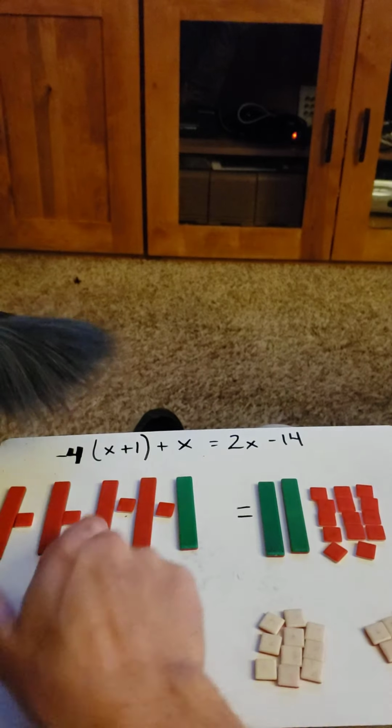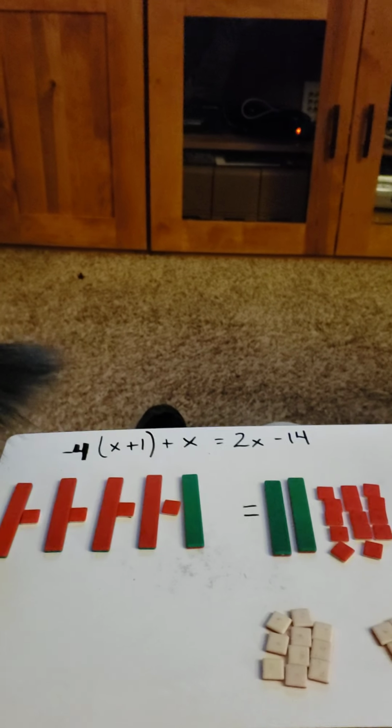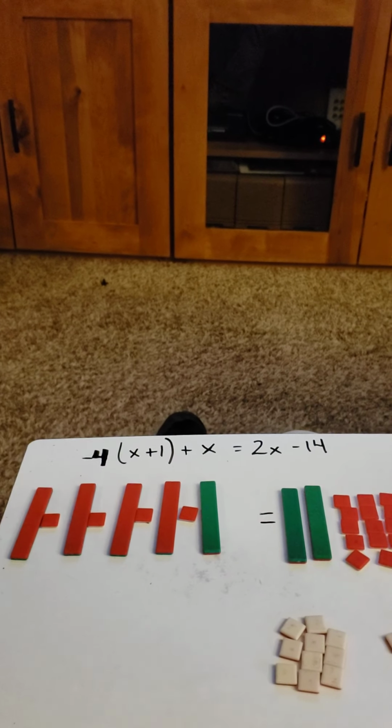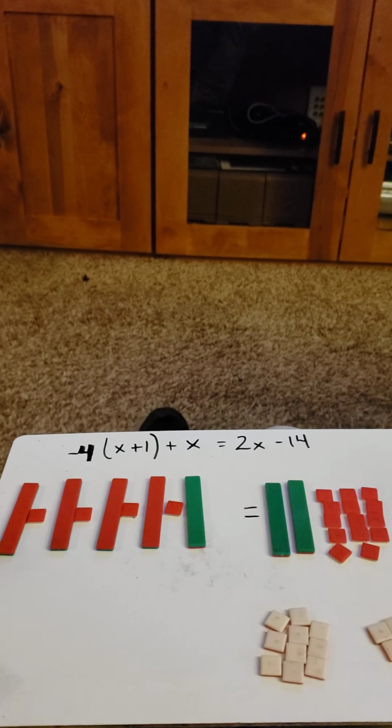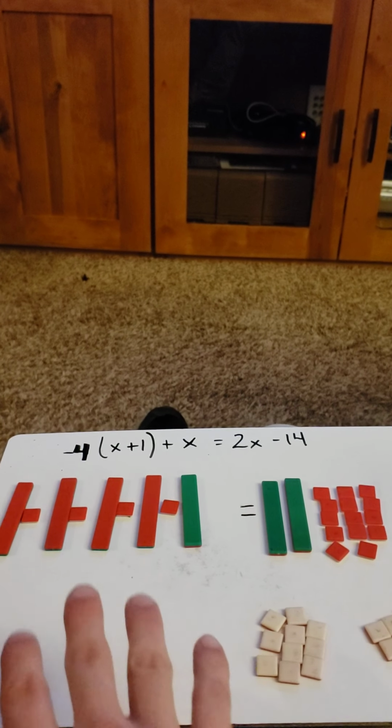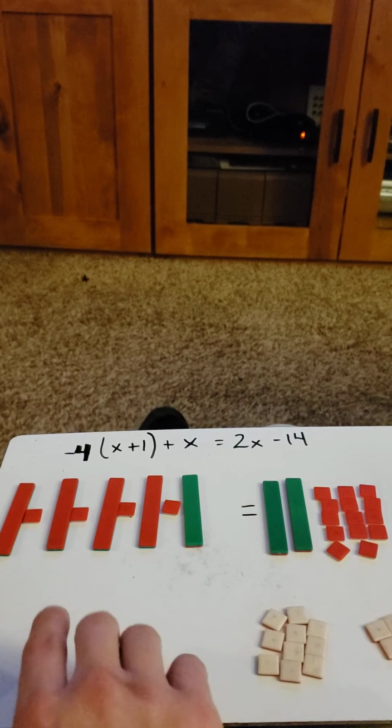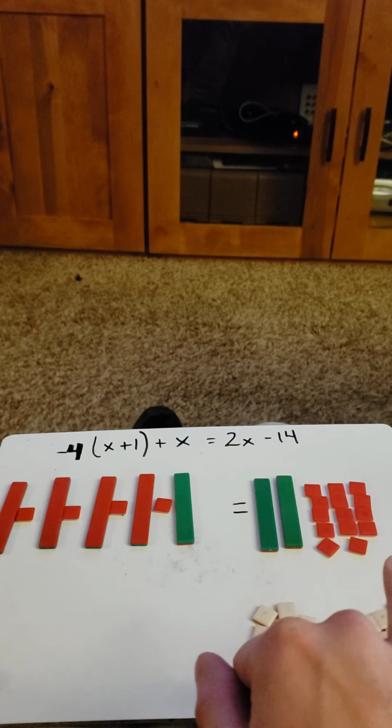What we're going to do is go ahead and try to solve this equation. The first step is I would take away the negative 4 constants on this side and 4 from this side.